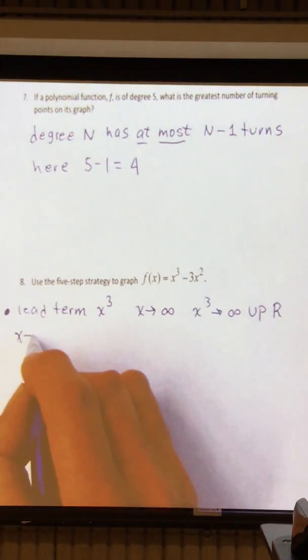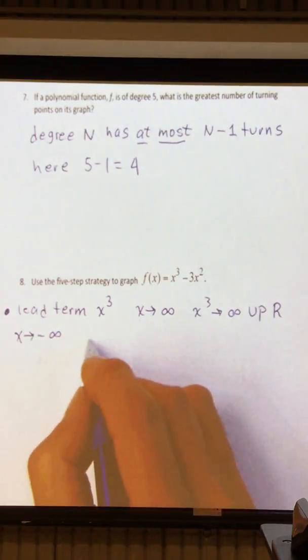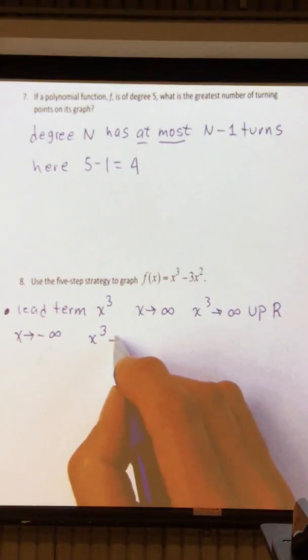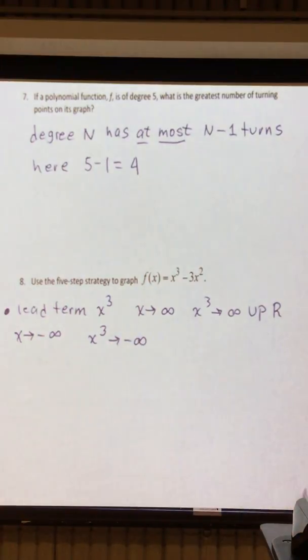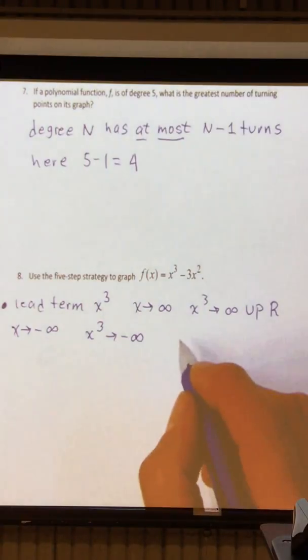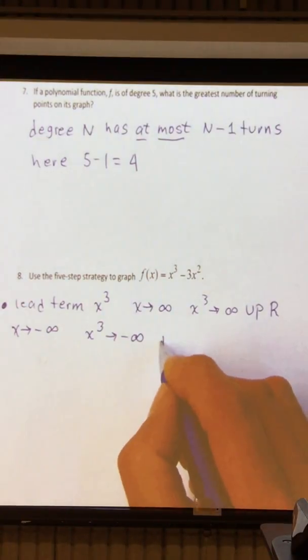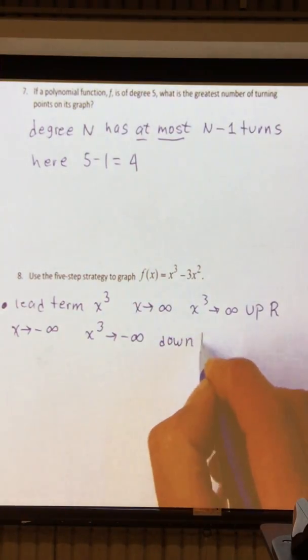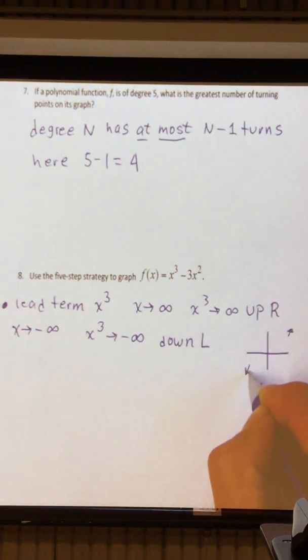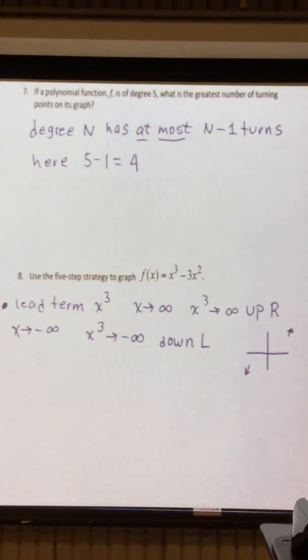Also, as x gets very large in the negative direction, since our exponent is odd, x cubed will decrease in the negative direction and become very, very large. So that means that it will be down on the left. So the graph is going to have an up right and down left appearance on the far left and right portions of the graph.